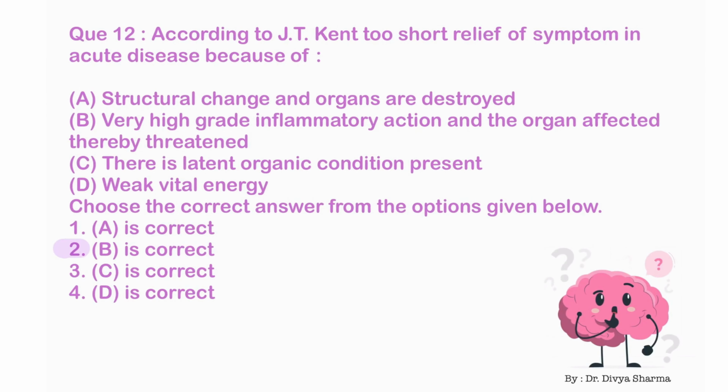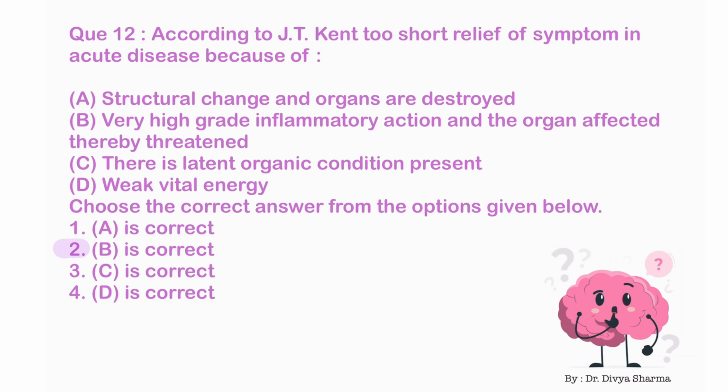Question number 12. According to J.T. Kent, too short relief of symptoms in acute disease is because of. Now you know that J.T. Kent has given 12 observations, and among those, the 6th observation is about too short relief of symptoms.